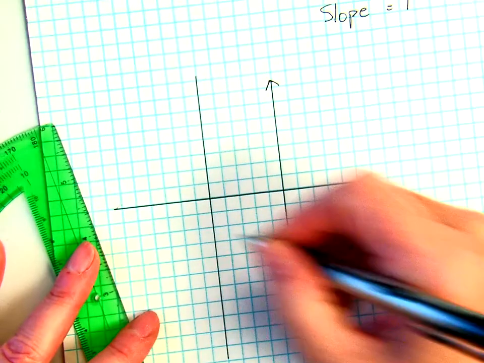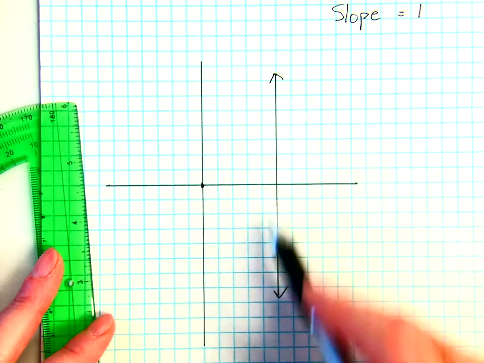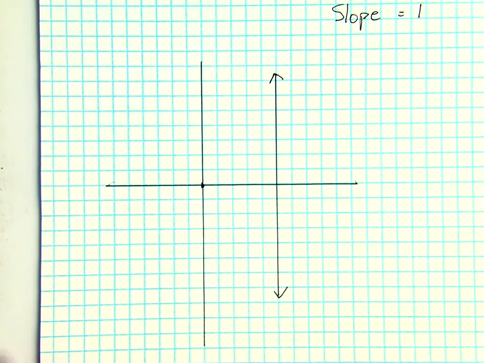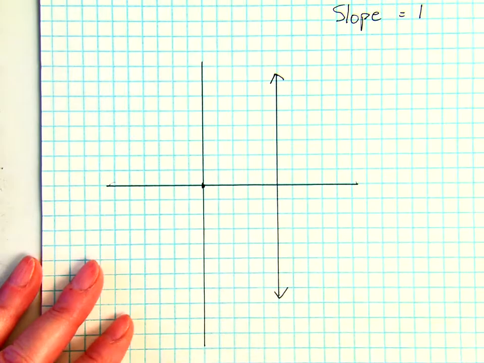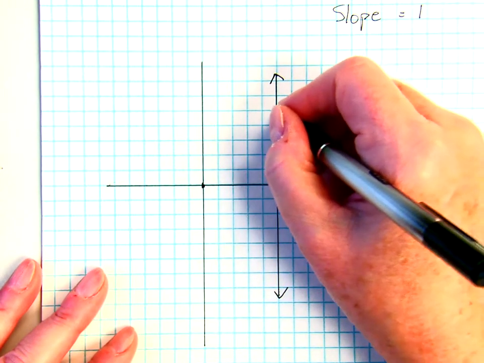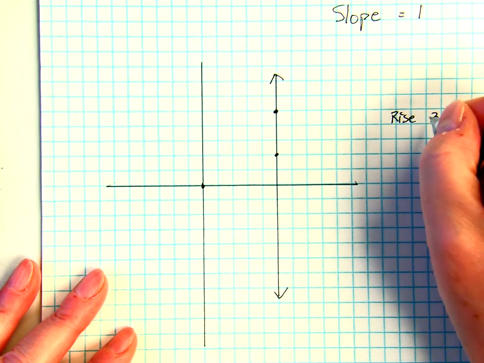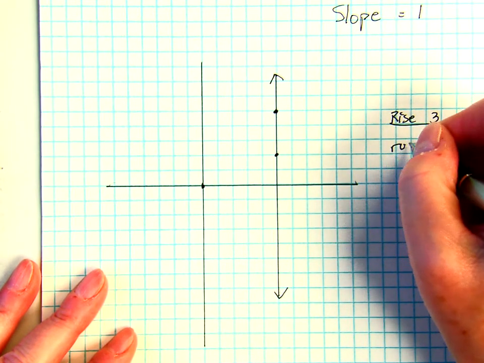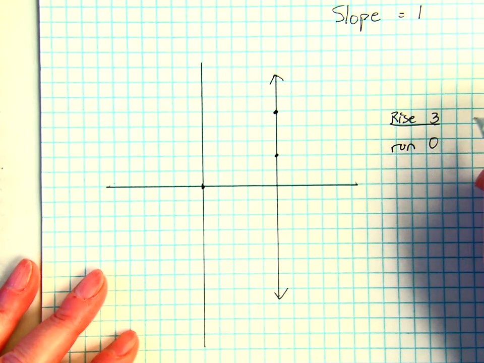We know that this is the origin over here, so we know that this is a vertical line. Our vertical line would have a rise that is pretty much anything. Let's just look at these points here, and that would be a rise of 3 over a run. Well, it's not running, so our run is 0.